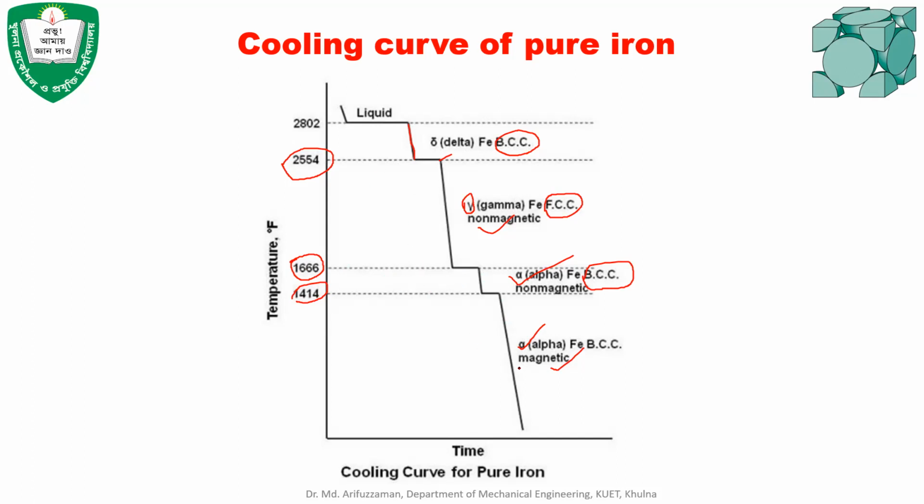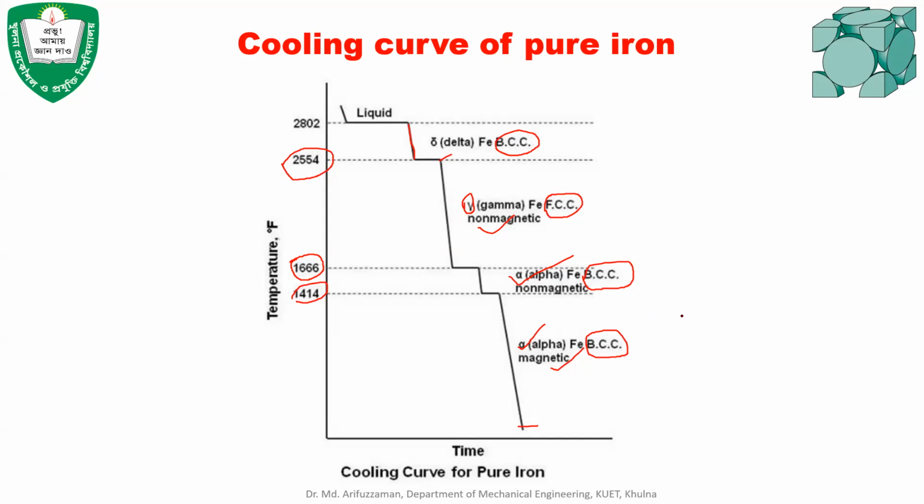Below that temperature, iron is magnetic, and the BCC structure remains at room temperature. And all these things happen if you maintain a very slow cooling rate. That means the cooling rate has to be very slow to maintain the equilibrium and to obtain this type of cooling curve.